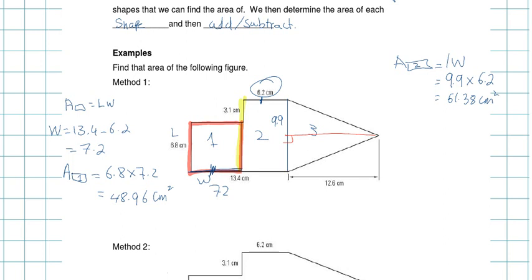So the area of the triangle is base times height divided by 2, which is 9.9 times 12.6 divided by 2, and it's 62.37 centimeter squared.